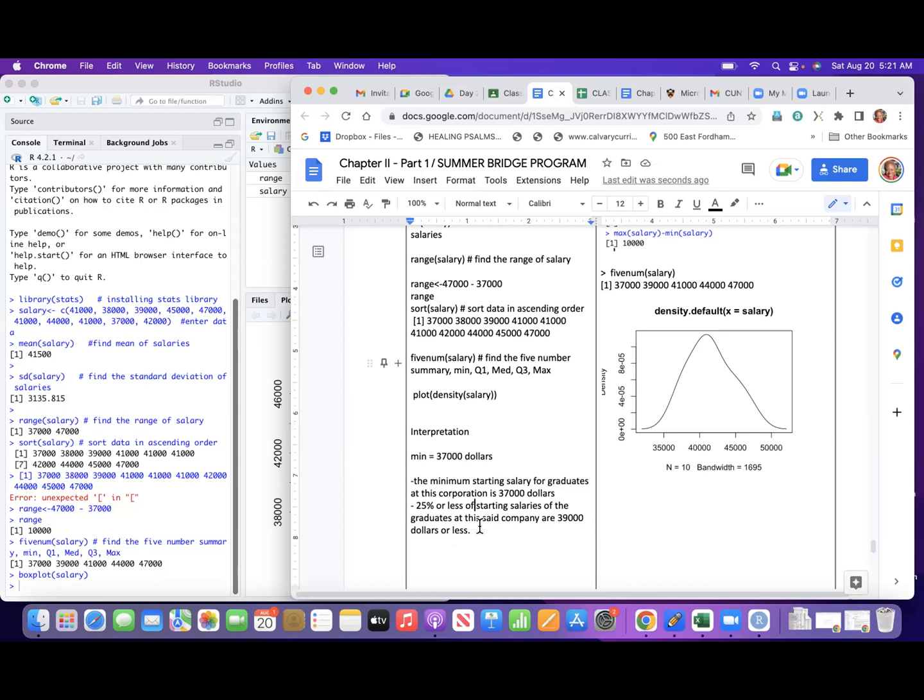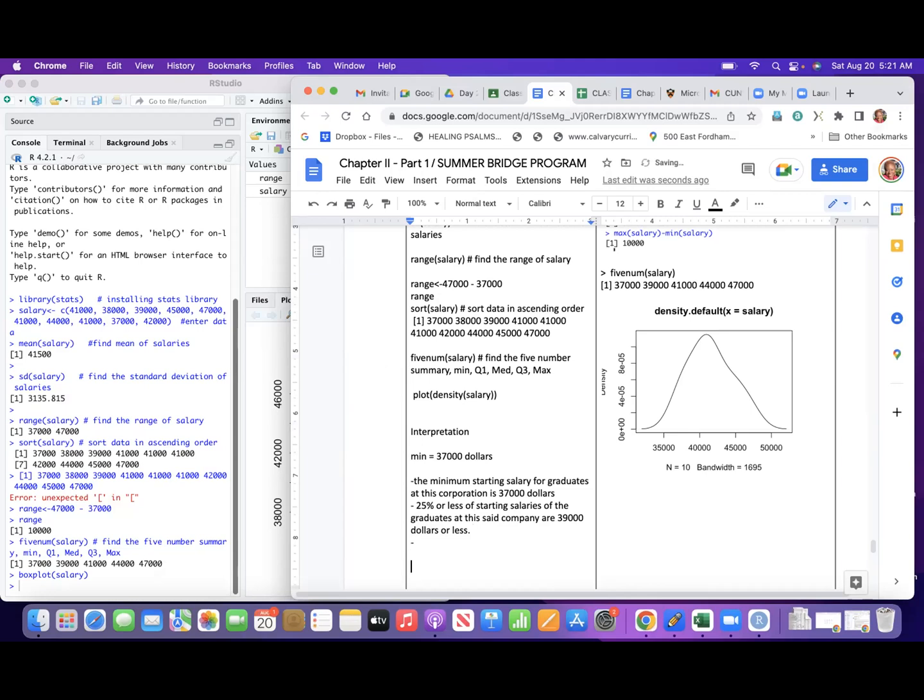So for graduates at this company, 25% or less of starting salaries are going to be 39,000 or less. All right, so that's how you interpret your percentile. Or maybe somebody else is better at saying this. Listen to the people next to you.